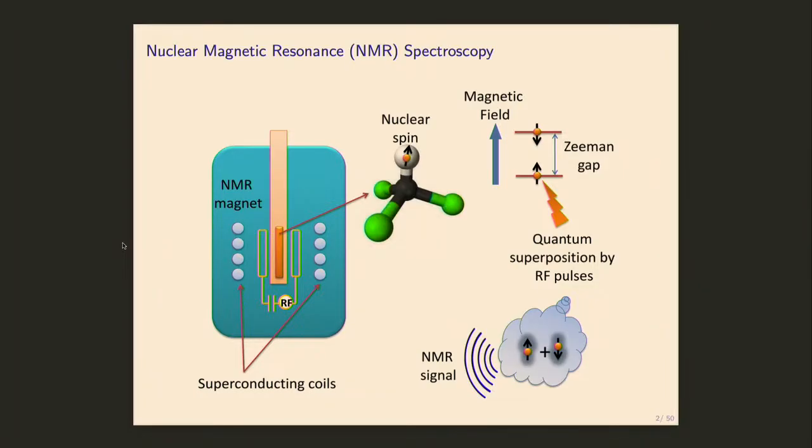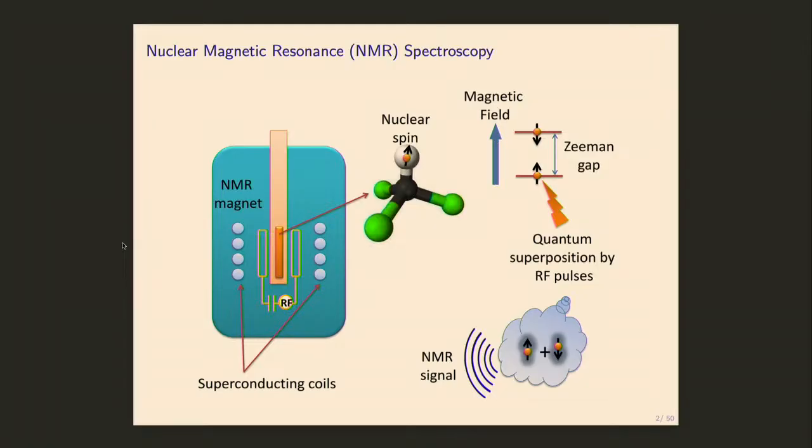Now that's the nuclear spin of the hydrogen, which is a proton. We know that the proton is a spin half particle, and we have a spin half particle in a very, very strong magnetic field. So there is a spin-magnetic field interaction, that is the Zeeman interaction, and so there is a Zeeman energy gap.